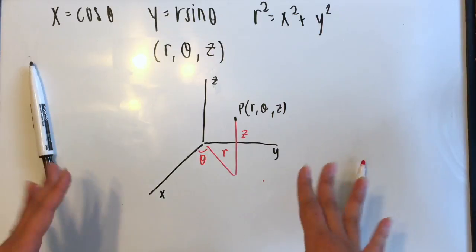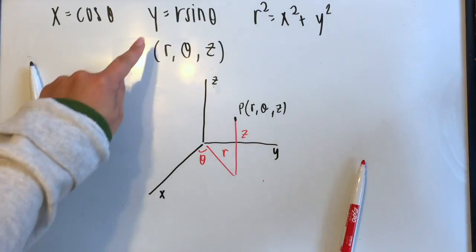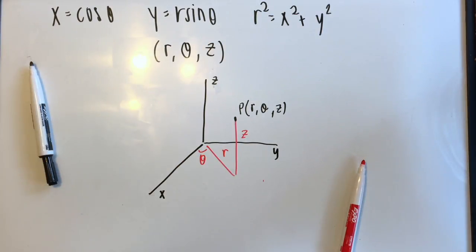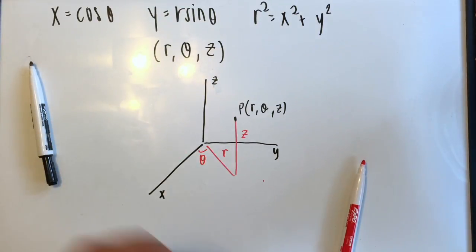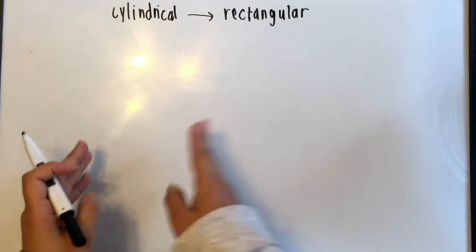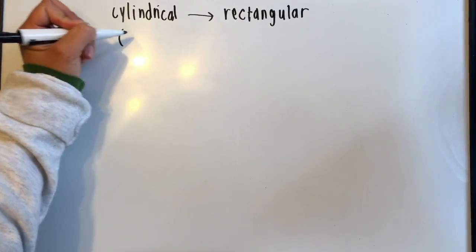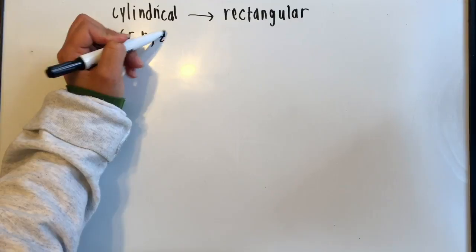So knowing this and recalling these equations, let's head over to start converting from cylindrical coordinates to rectangular coordinates. So what this is would be called a cylindrical coordinate, right? So r, theta, and z. Cylindrical means with the coordination of r, theta, and z.